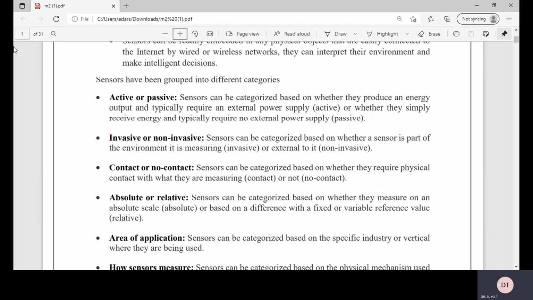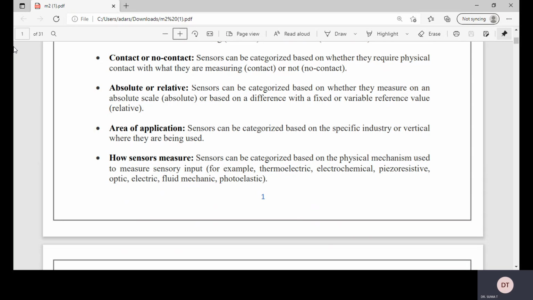Next is absolute or relative sensors, and we categorize based on whether they measure on an absolute scale or based on a difference with a fixed or variable reference value. We call them relative sensors. Sensors which use some measurable scale, some absolute scale, are called absolute sensors.